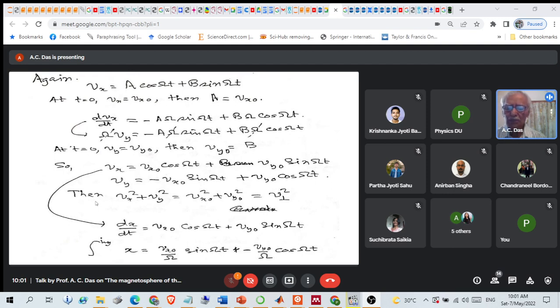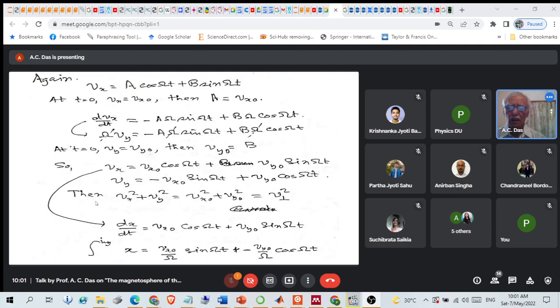Furthermore, this is in velocity space, but we want to know the actual radius in ordinary space. So we have to go from velocity space to ordinary space, and you can write dx/dt equals the right hand side. You can integrate, then you get x.